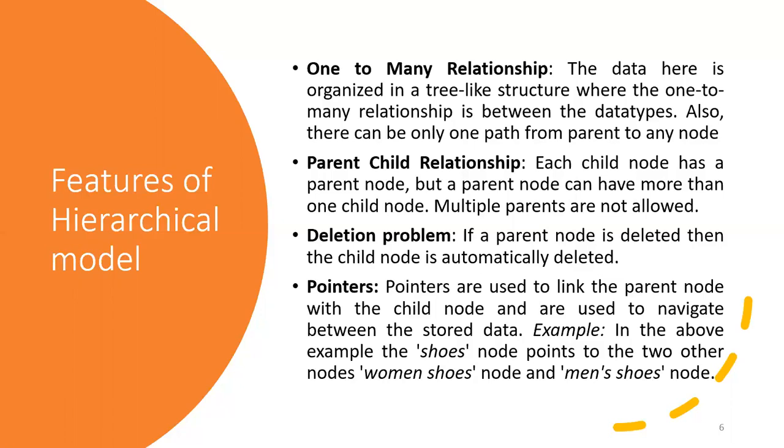Pointers: pointers are used to link the parent node with the child node and to navigate between the stored data. In the above example, the shoe node points to two other nodes, the women shoes node and the men shoes node. Using pointers to link the parent node with the child node makes it easy to navigate from parent to child node.